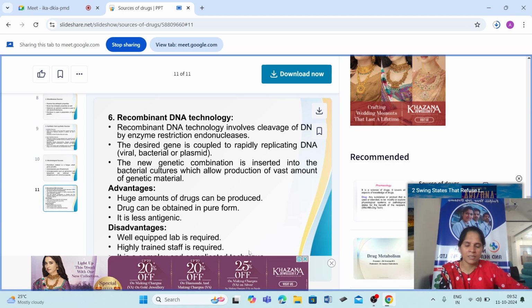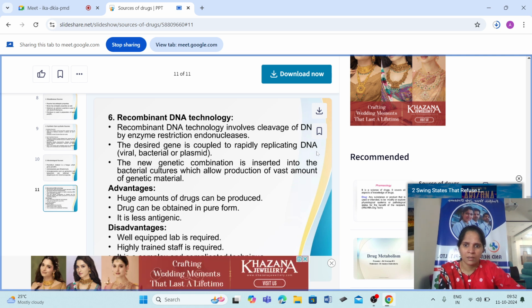Desired DNA in the sense which can be incorporated into anything. That desired one is going to show the effect for you. Now you can see here the desired gene is coupled to rapidly replicating DNA. The desired gene in the sense, here you can take the DNA which works antagonistically to any virus or bacteria, and it will be attached to the replicating DNA.